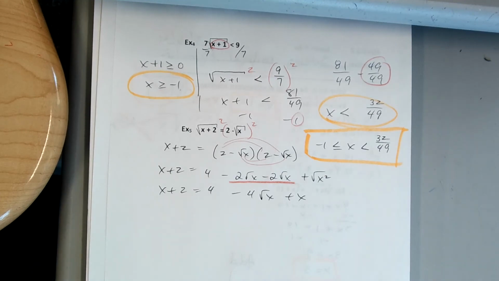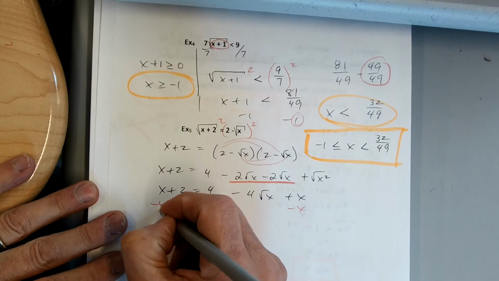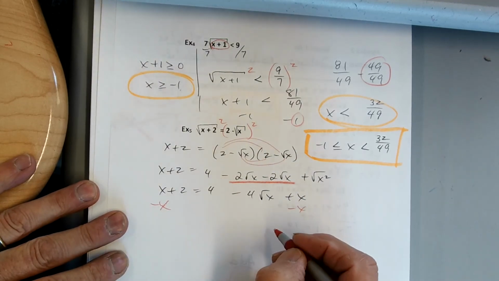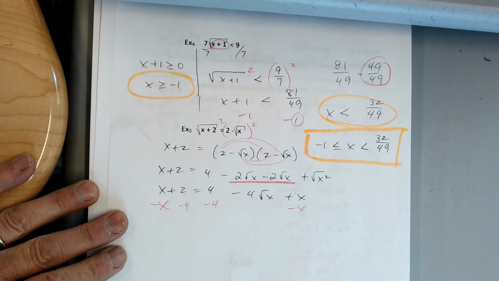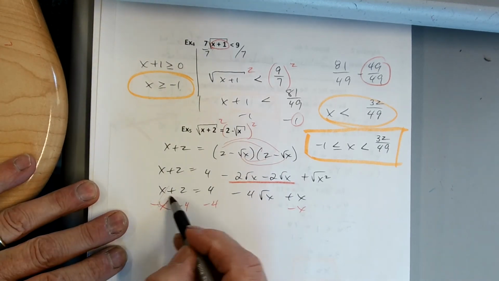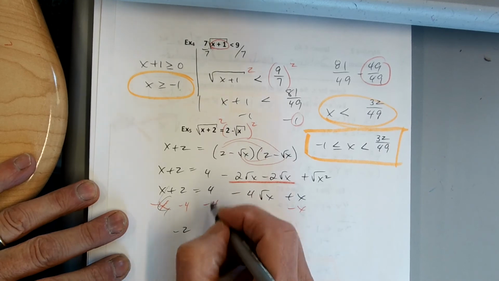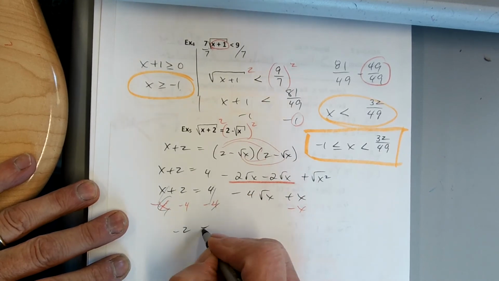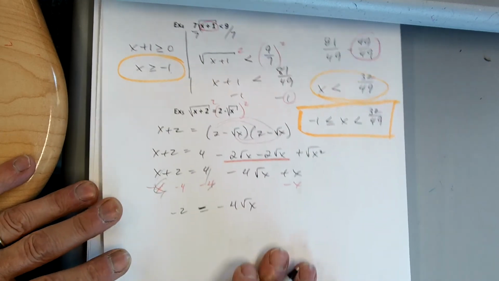How am I doing? Now, let's see. If I went minus x, right? If I went minus 4, let's see what I get. Okay, that's just gone. That's going to give me a negative 2 equals a negative 4 square roots of x.